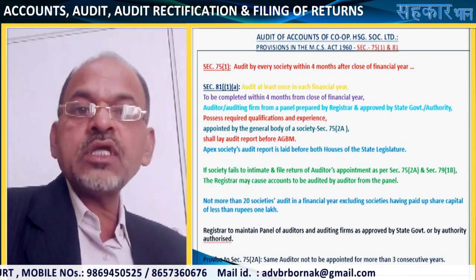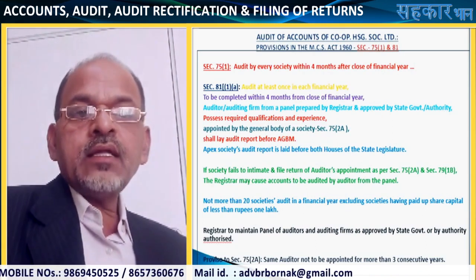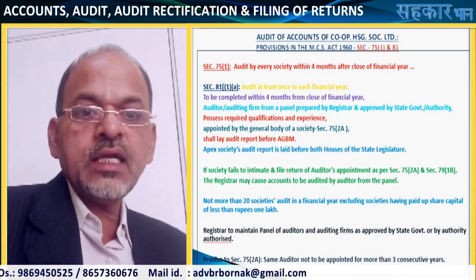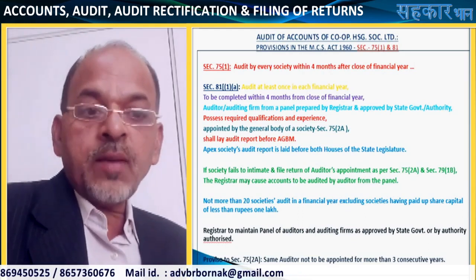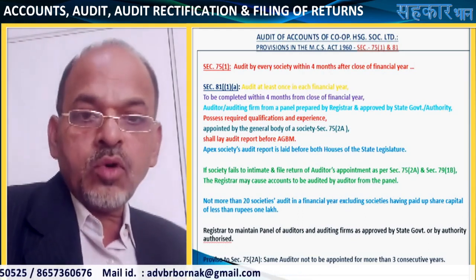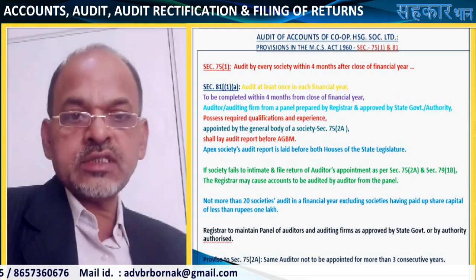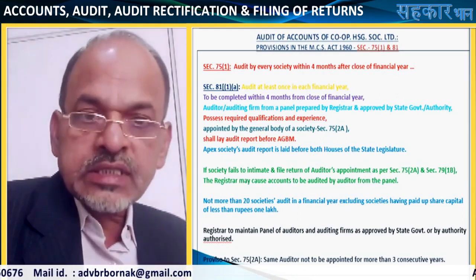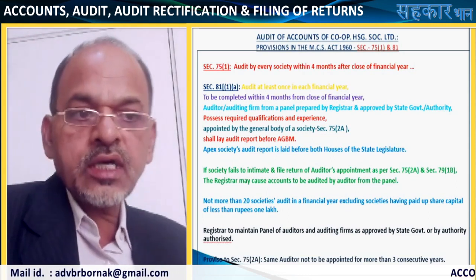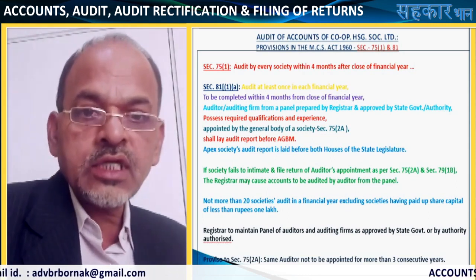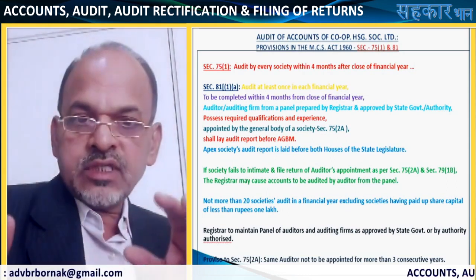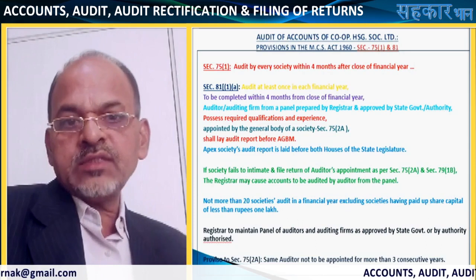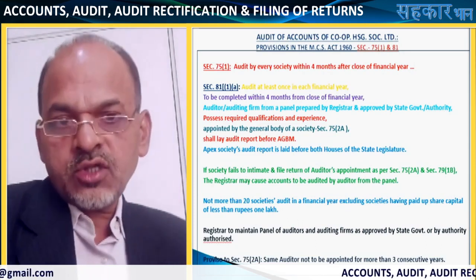Means the society cannot appoint the same person as auditor for more than 3 consecutive years. Means a person who has been appointed as a statutory auditor of the society can be appointed consecutively for a maximum period of 3 years, not more than 3 years consecutively.